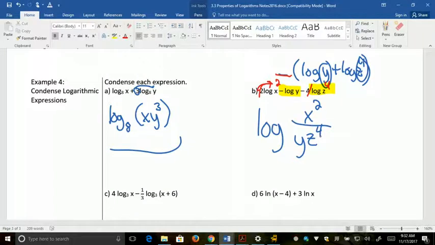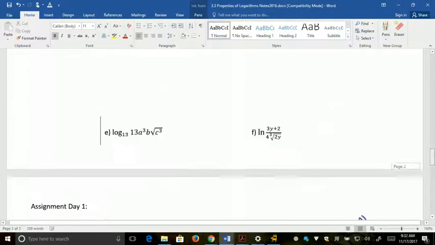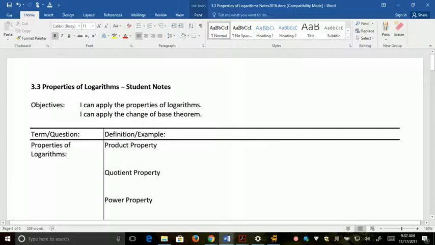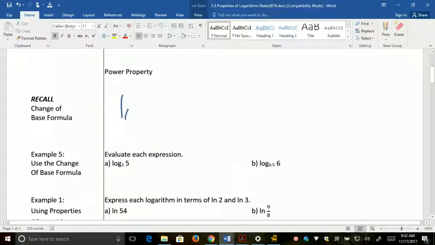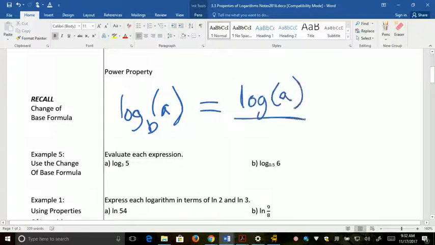Did you have a question? Yeah. Can you also write it log x squared over log y to the 4th? No. Because our rule for quotients, that's a good question. Remember, when we have a log divided by a log, we're really doing change of base formula, right? Log base b of a is exactly equal to log of a divided by log of b.